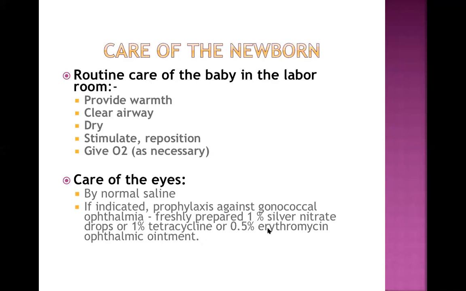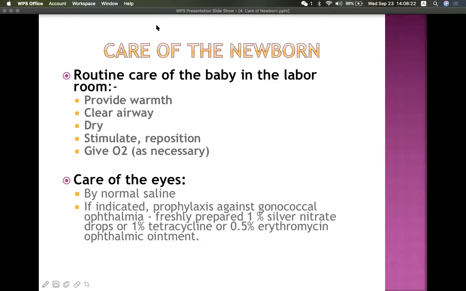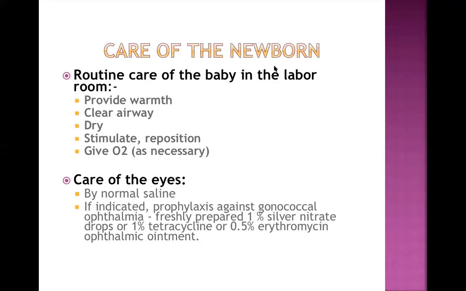So all of these are preventive aspects from gonococcal ophthalmia. Another important term is ophthalmia neonatorum. So let me write that term for you. Ophthalmia neonatorum is the infection of the eye at the time of birth.